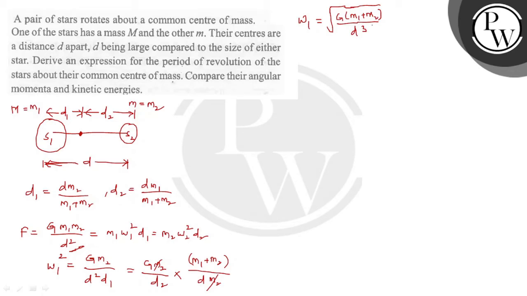Of course this is exactly equal to omega 2, nothing changes. So we can write omega 1 equals omega 2 equals omega.